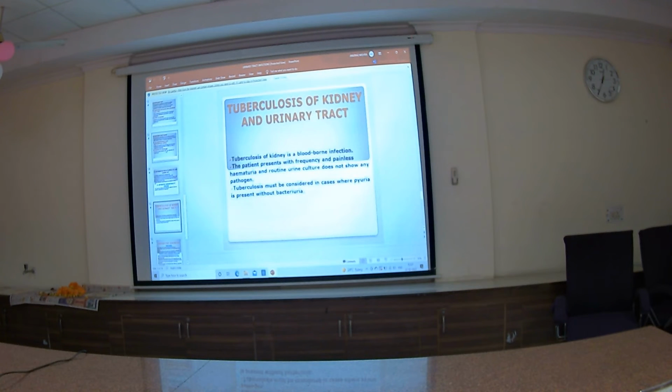In case of tuberculosis of kidney and urinary tract, as we all know, tuberculosis is a blood-borne infection and the patient presents with frequency and painless hematuria.